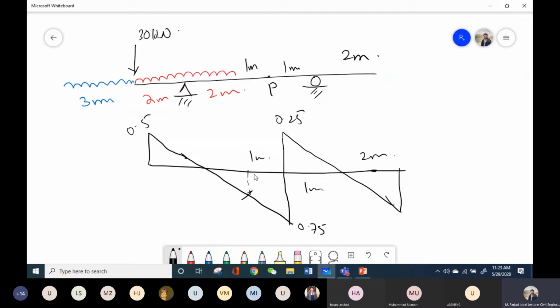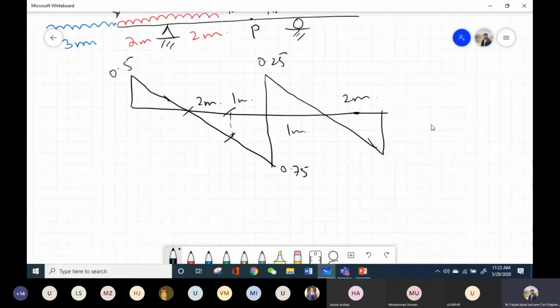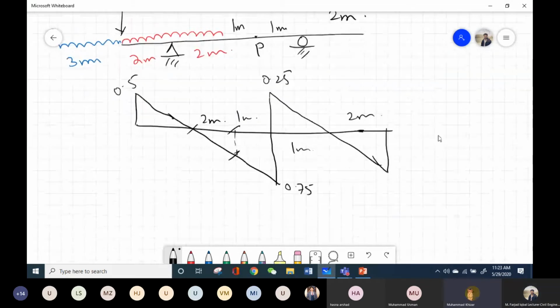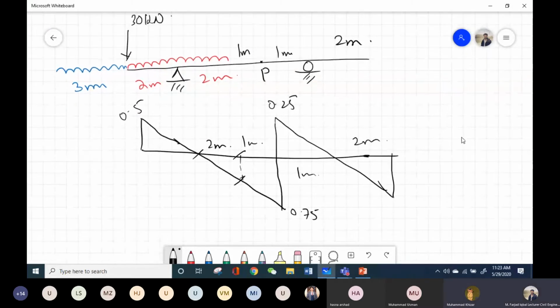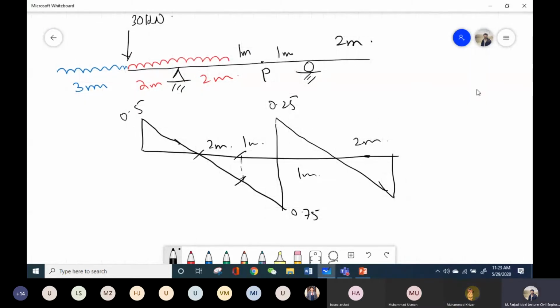So what is this component at a distance of 2 meter? Fizzer, can you do it now? Yes, sir. So just give me a minute, please. Other students start calculating the value of shear force at this point P. And give me the answer.